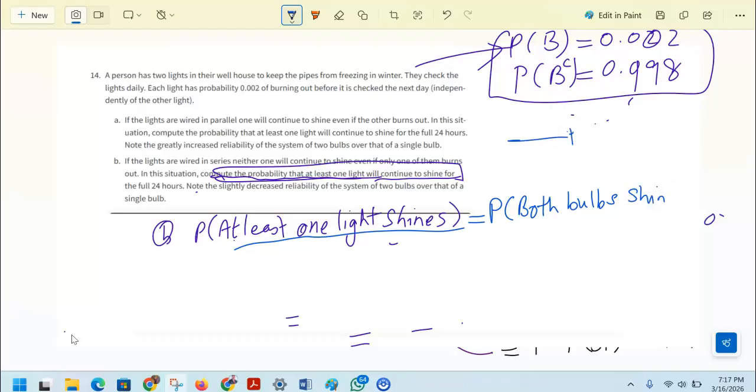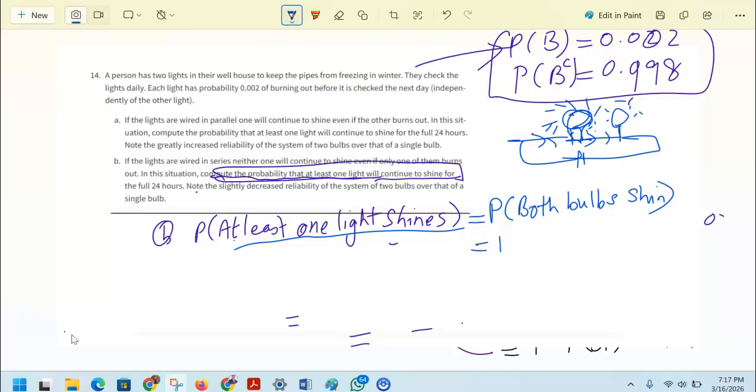So remember there are two bulbs. One is here and there is another one here. If there has to be a light, that means both will shine because the current will go through both, right? So both will shine.